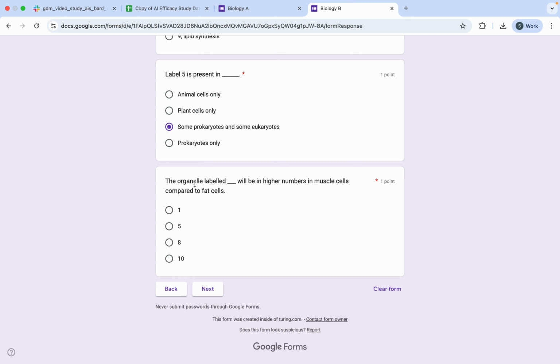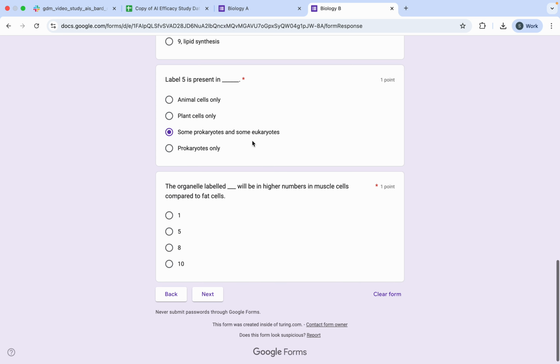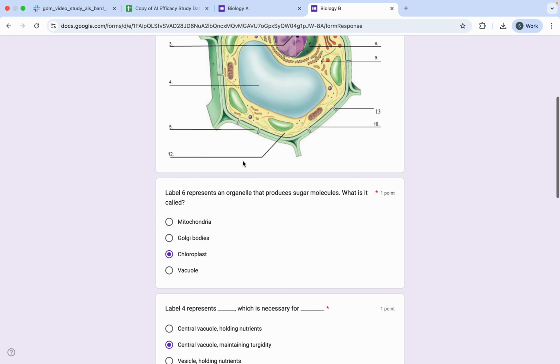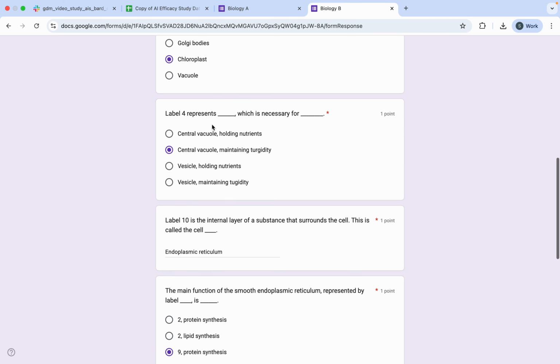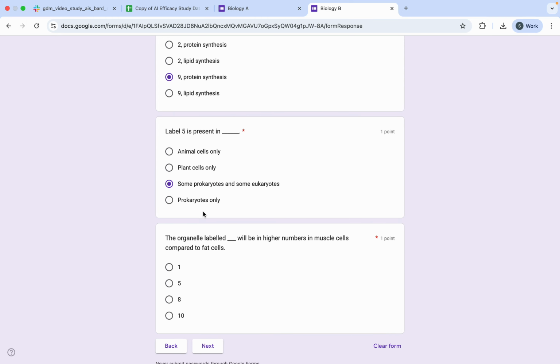And the next question is: the organelle labeled dash will be in higher number in muscle cells compared to fat cells. Let's see what 1 represents. 1 is this. Next it is 5.